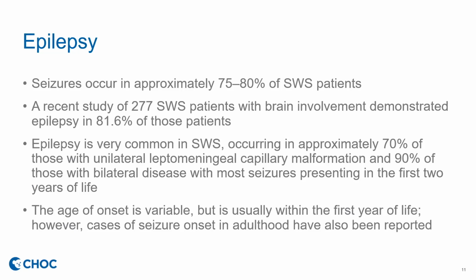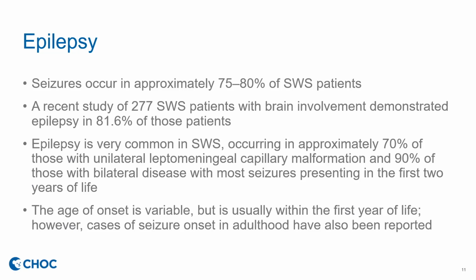And epilepsy is very common even if the vascular malformation is on one hemisphere, but especially if you have bilateral disease and bilateral changes in your brain, almost all of the patients have seizures.